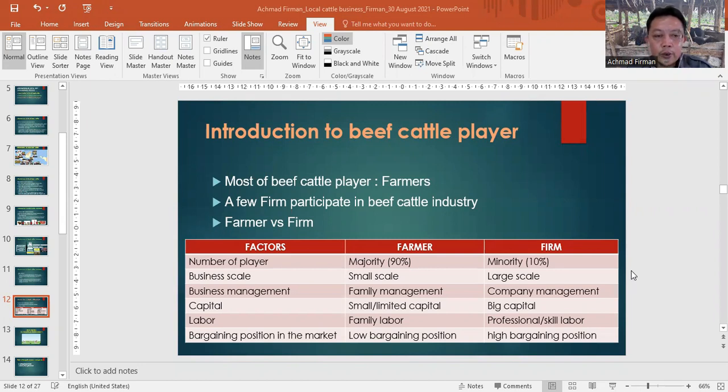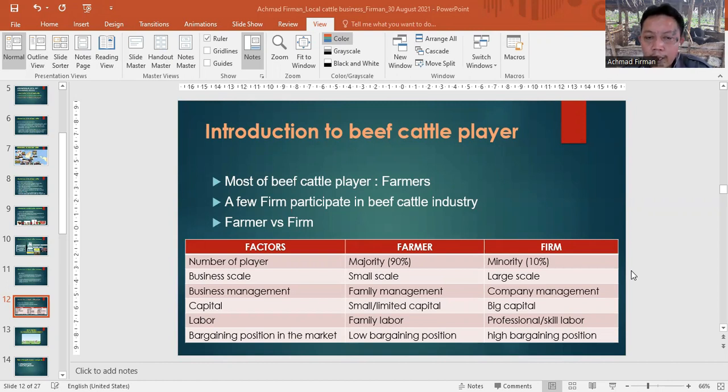So you can see that farmers dominate the cattle industry because 90% of players are farmers, while the companies are the rest. The number of players is the majority for farmers, and the firms are the minority, about 10%.